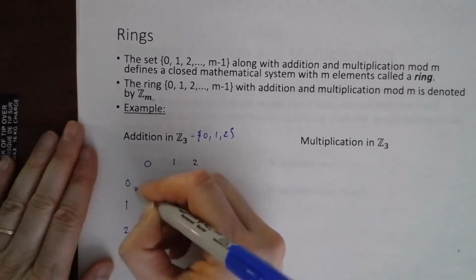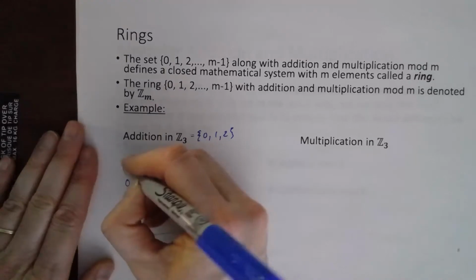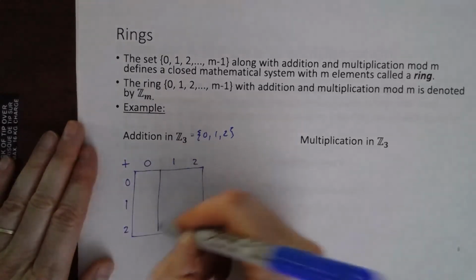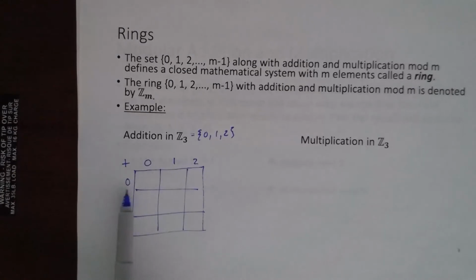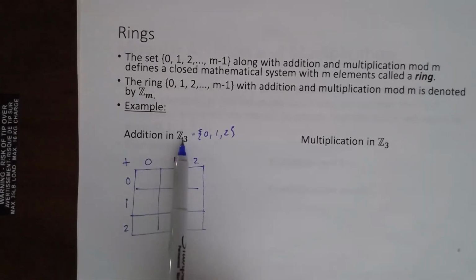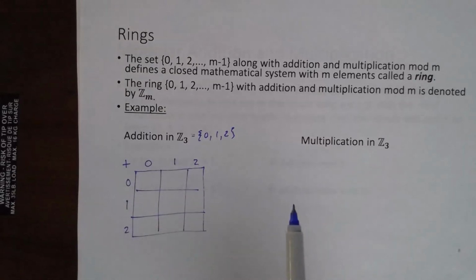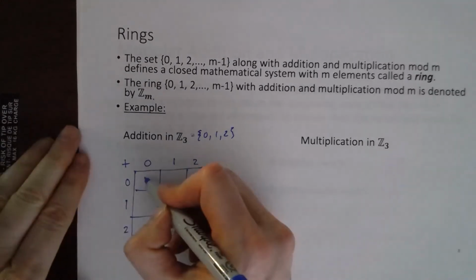I can make myself a little table here, and this will be addition. If I want to figure out what 0 plus 0 is in the ring Z3, I do 0 plus 0, take the result, and then do it mod 3. So 0 plus 0 mod 3 is 0.